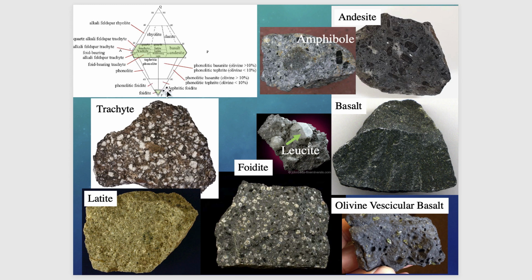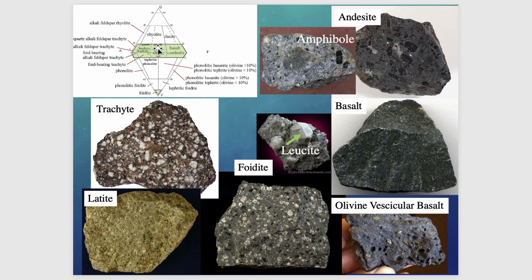So rocks that are dominated by foids could be like these, in which we have very large crystals of leucite recognizable in the rock by their symmetry, so they form these nice dodecahedrons. Or you might have phenocrysts of amphibole that dominate the matrix of a volcanic rock of this type, and so you start to think that this could be an andesite because of that intermediate composition.